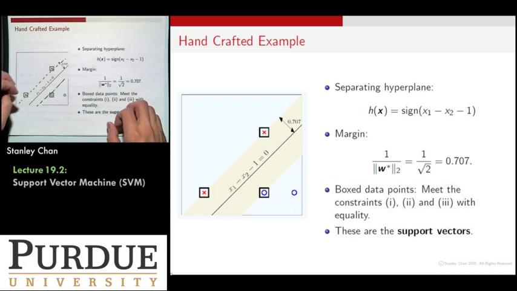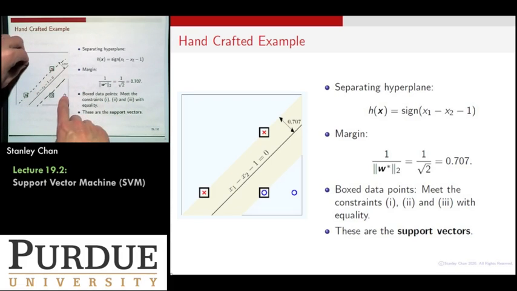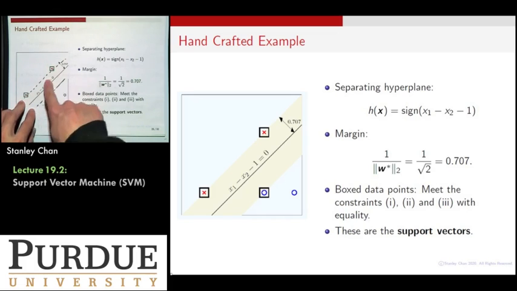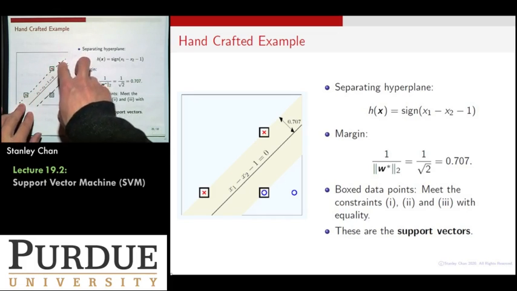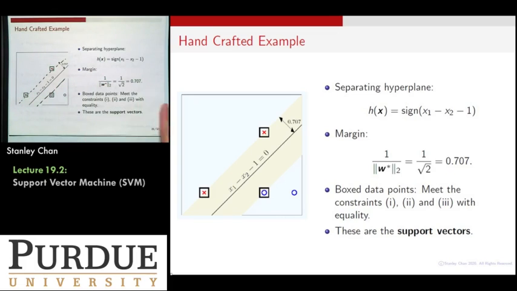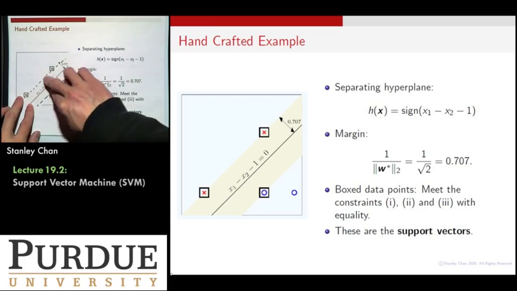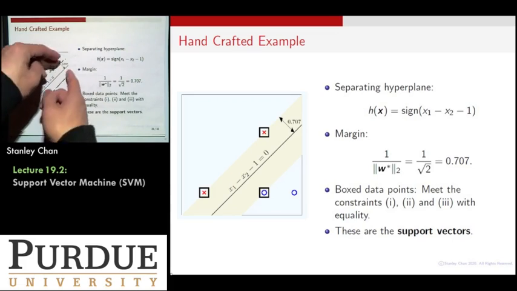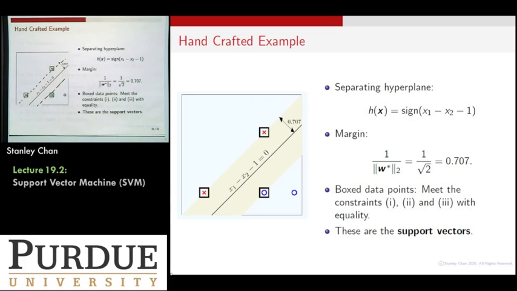Because you're not using all the data points to construct this band; you're only using a subset. Even if you have a lot of data points, you're only going to use a few support vectors to define the band. Now, this notion of support vector will be made even clearer when we go to the duality. When we talk about dual SVM, the support vectors will become more apparent.